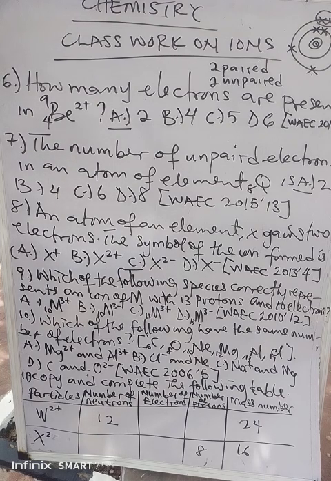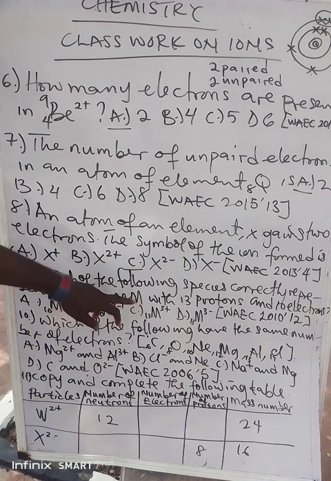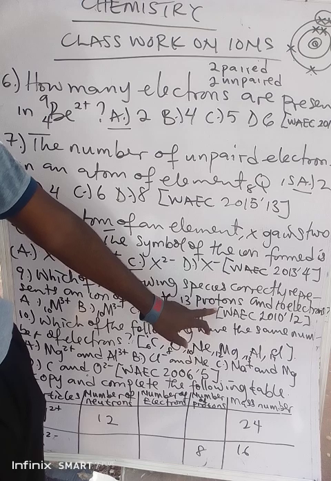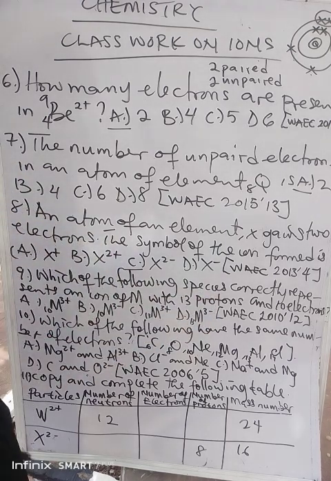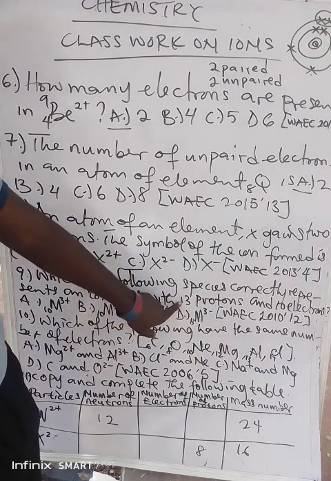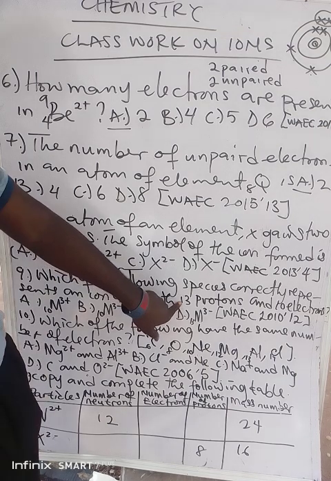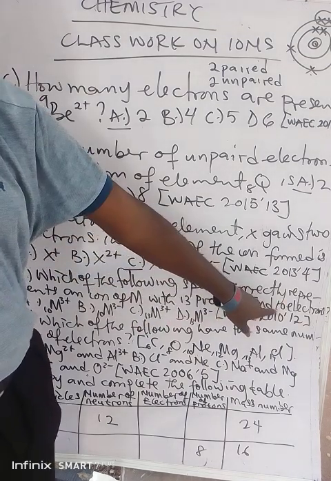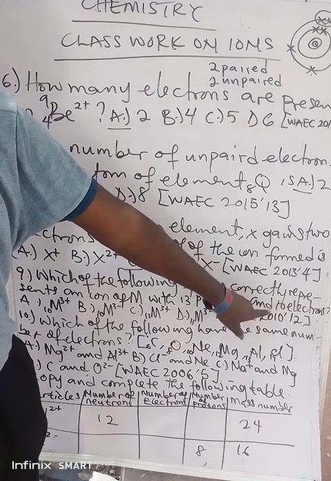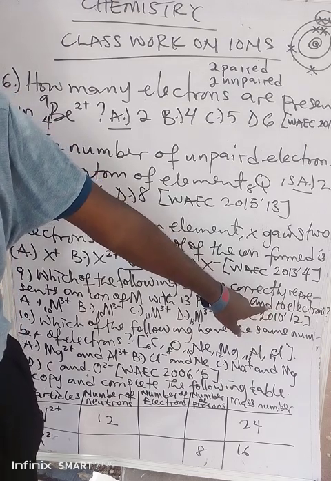Which of the following species correctly represents an ion of M with 13 protons and 10 electrons? Under normal condition, as it has 13 protons, if it is electrically neutral, it's supposed to also have what? 13 electrons. But now it has what? 10 electrons. So what has happened to the 13 electrons? It has lost how many? 3.